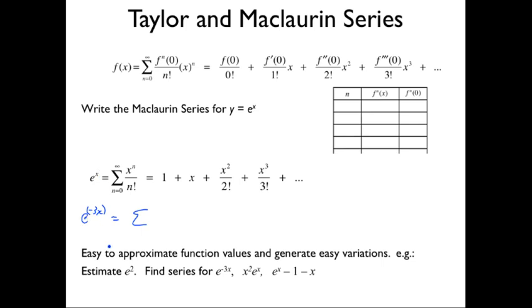And so it's just like we've always dealt with functions in the past. If e to the x is x to the n over n factorial, then e to the negative 3x is negative 3x to the n over n factorial.